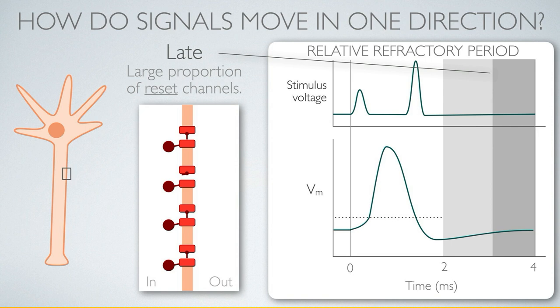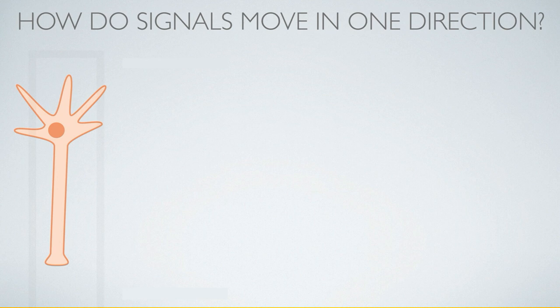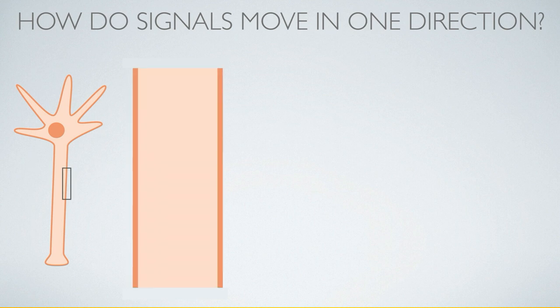Okay, now the refractory period, even though we're only considering one little patch of the membrane, it relates to the propagation of action potentials along the axon. So let's zoom in on a patch of the axon here to see how that plays out. All right, imagine up top we have a depolarization.